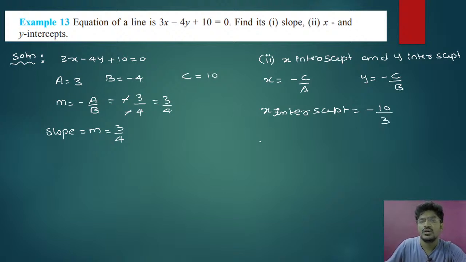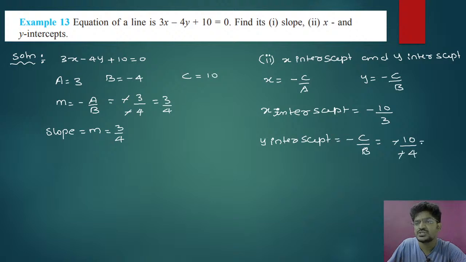3. Clear? In the same way, y-intercept is going to be equal to minus c by b. The c value is how much? 10. Minus 10 divided by b value, which is minus 4. Cancel these terms. So this will be 5 by 2.